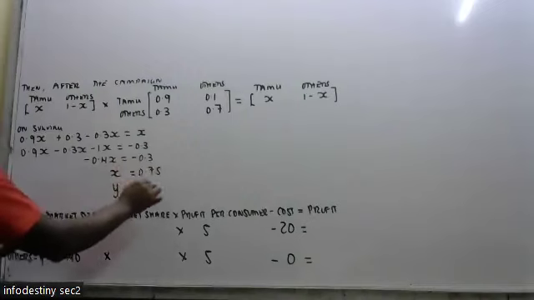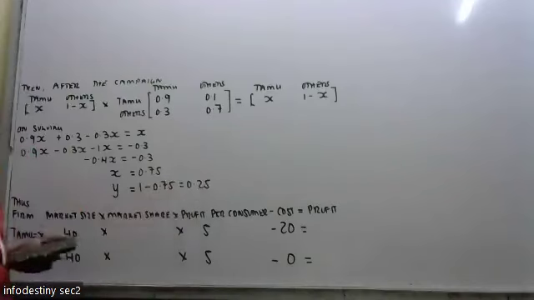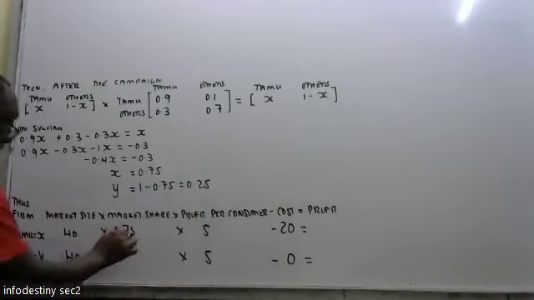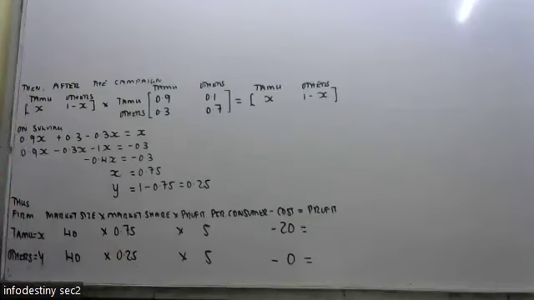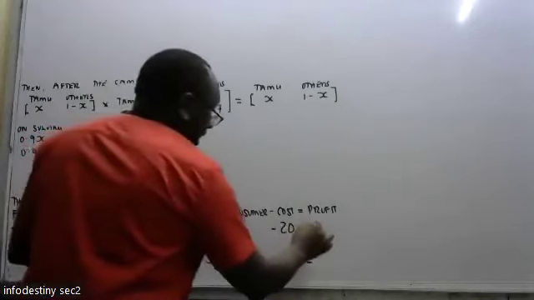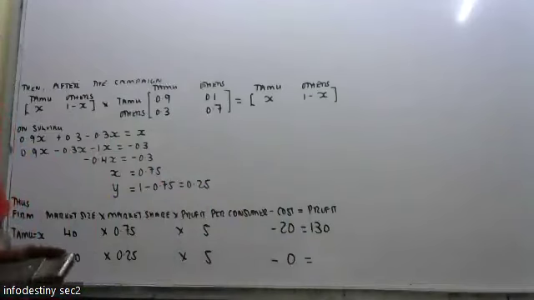So this must be 0.25. That way, I multiply this one by 0.75 and this by 0.25. So I'll say 40 times 0.75 times 5 minus 20. That gives us 130.